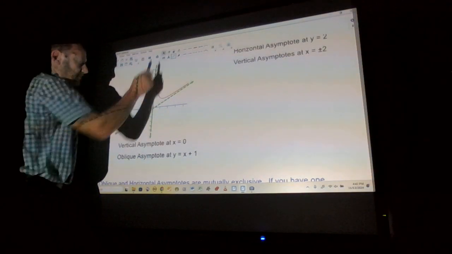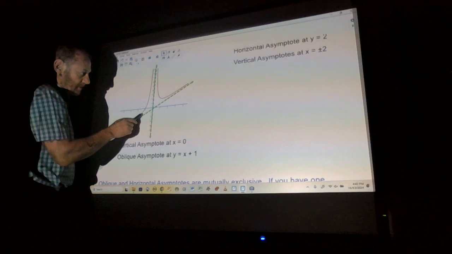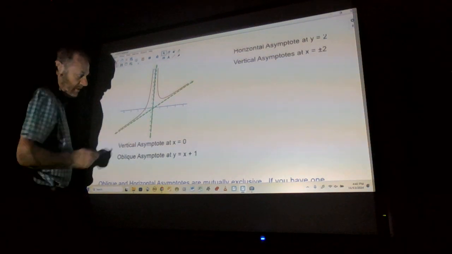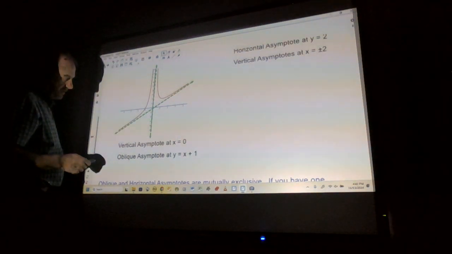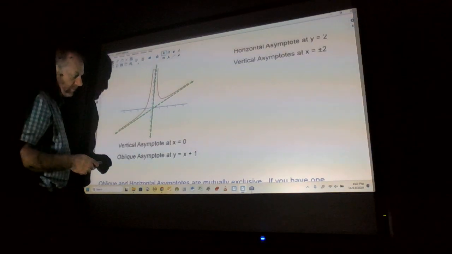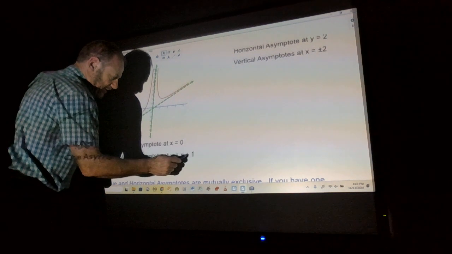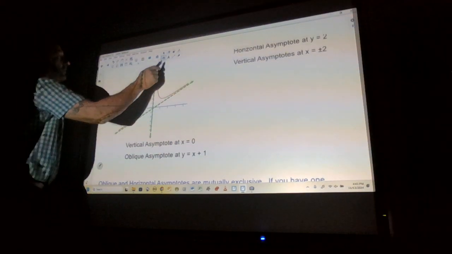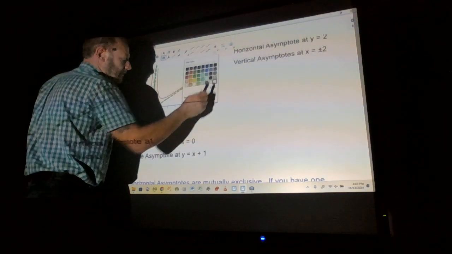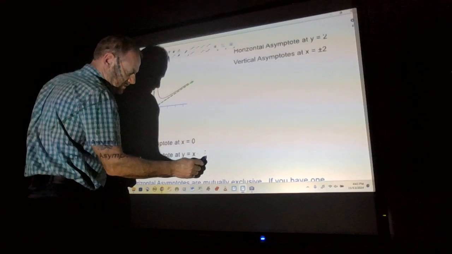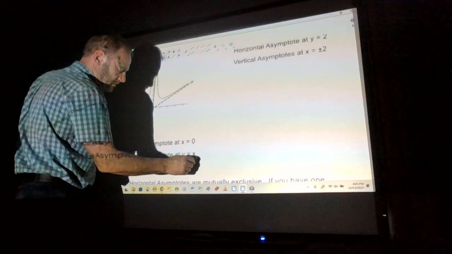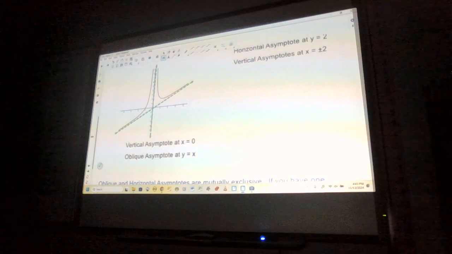That might be wrong in this particular one. Looks like it could be just y equals x, so we'll just go with that. That y equals x.